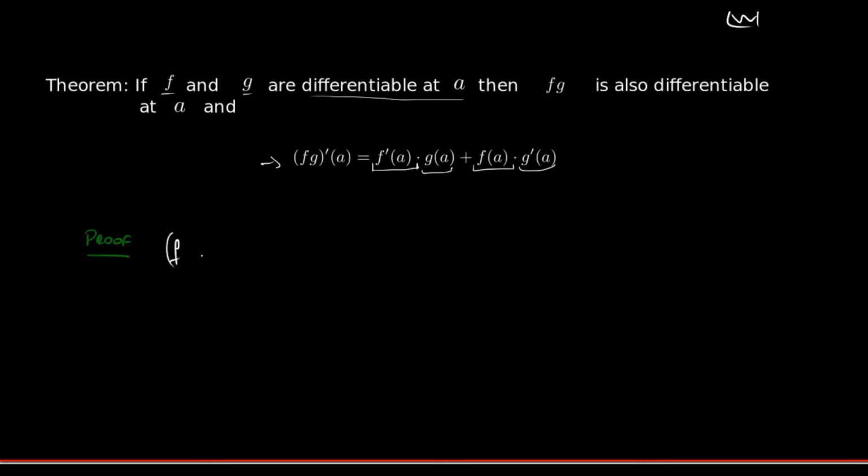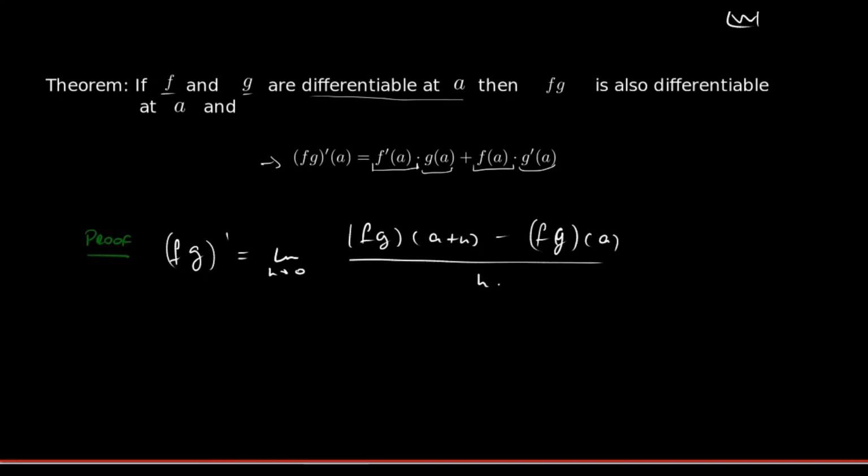So, if it exists, the derivative of f times g is the limit when h tends to 0 of f times g in a plus h minus f times g in a, divided by h.